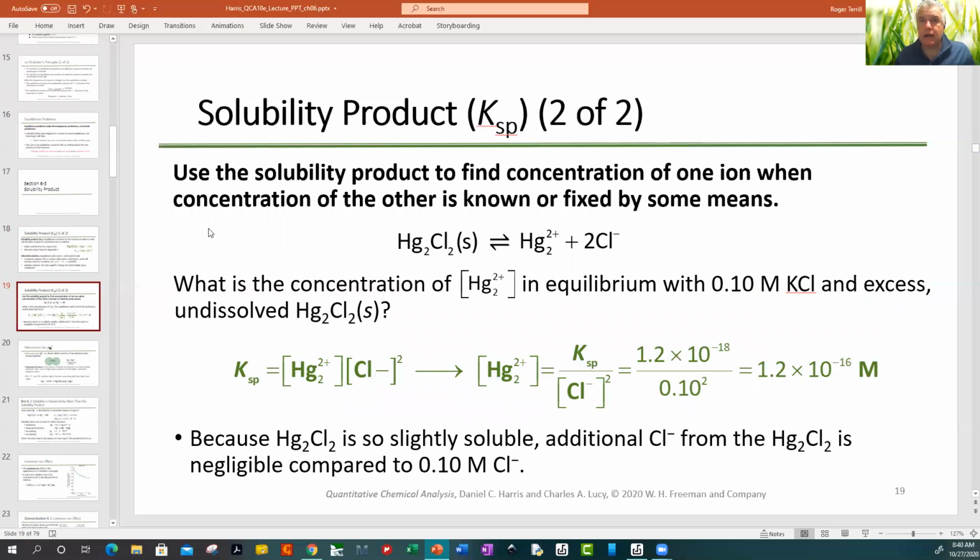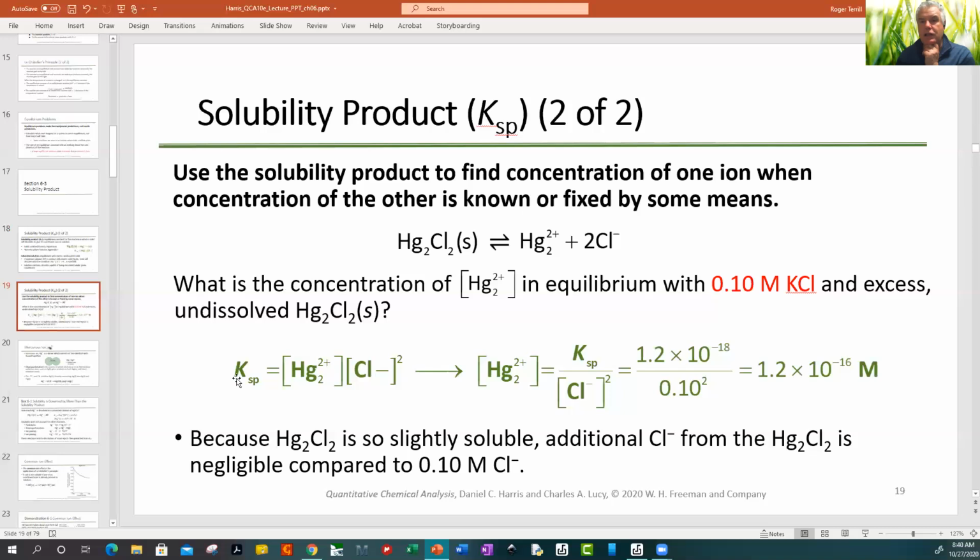And so let's take an example here. If we have this salt, if we have calomel here, and it is actually in a solution of water that already contains 0.1 molar KCl, right? Now, things are a little bit different, but they're actually simpler, right? Because we can assume for the moment that we know the chloride ion concentration.